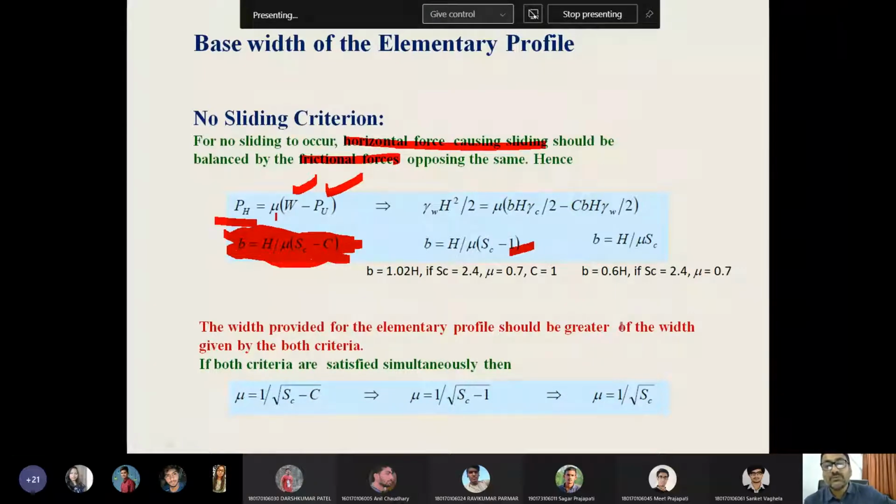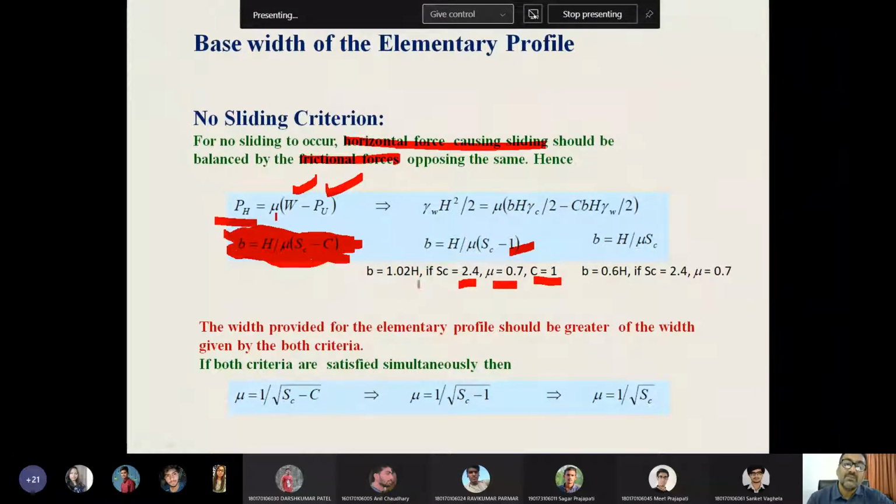Now, if you use SC as 2.4, the friction factor for concrete can be taken between 0.6 to 0.7. So take 0.7. C equal to 1 means full uplift is in action, the soil is poor.